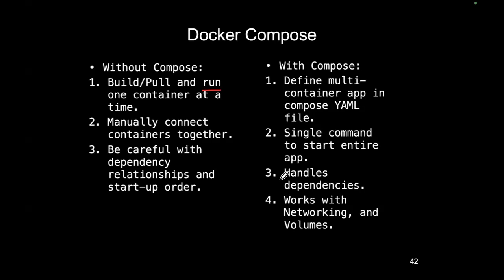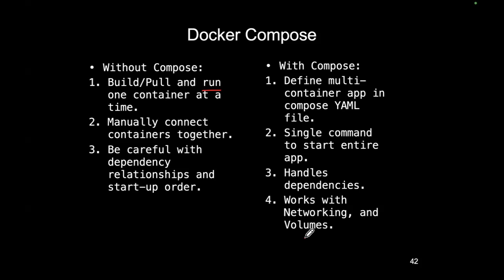And it takes care of starting up the individual containers in the right order. It manages the networking side of things, and it also manages something called volumes, which we haven't really talked about in any detail so far, although we have used it a number of weeks ago. So I need to explain what I mean by volumes.